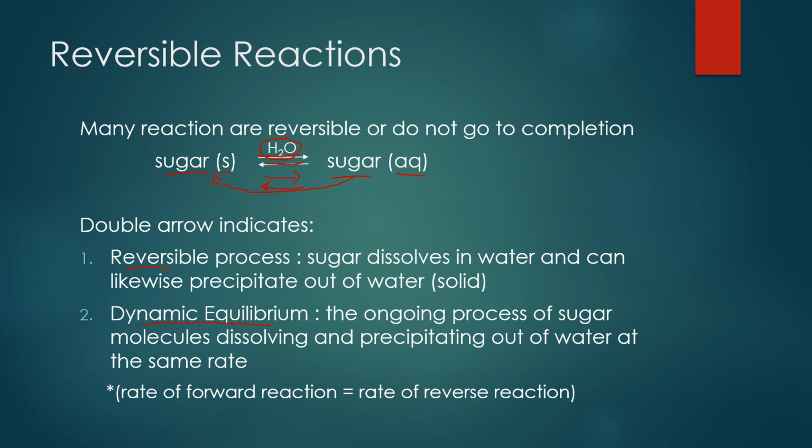And it's not just sugar molecules, it applies to several other examples. The important part of dynamic equilibrium is that this ongoing process of dissolving and precipitating out is happening at the same rate. So the rate of the forward reaction is equal to the rate of the reverse reaction.